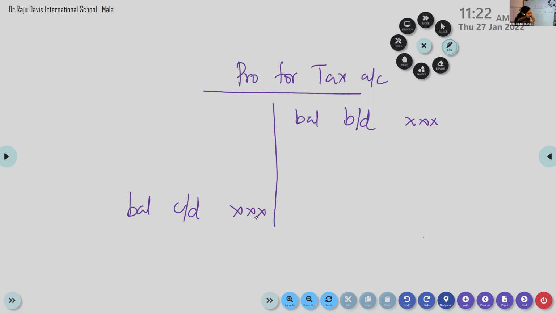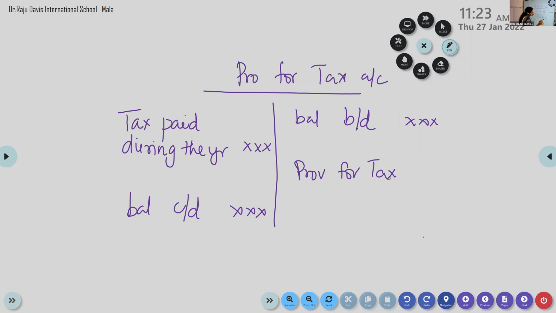Then what do you see on the debit side again? What is that item? Tax paid during the year. And the figure on the credit side is the provision for tax made during this year.